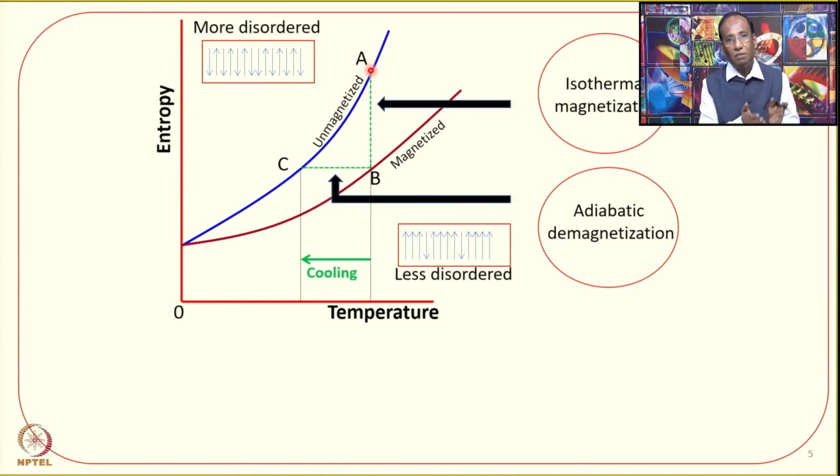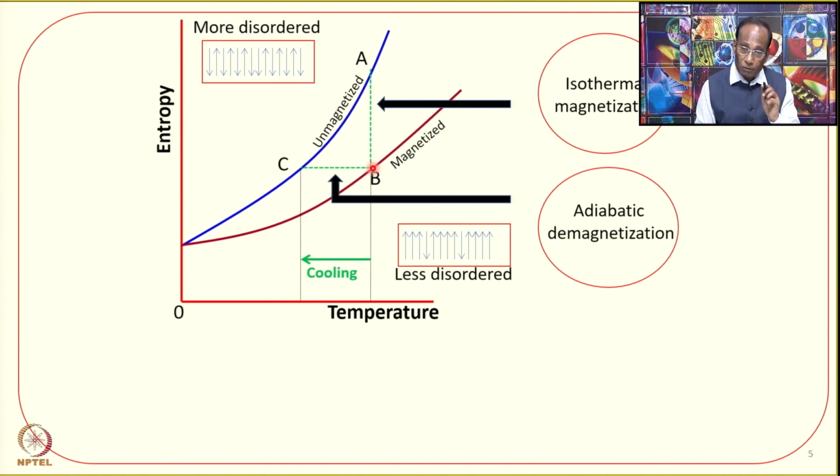The extra heat which is liberated can be discarded to the surroundings, to the sink. So when we carry out isothermal magnetization, it has to follow this horizontal line, constant temperature. When you carry out magnetization, the corresponding point on the magnetized entropy-temperature curve of the sample will be B. A to B is isothermal magnetization.